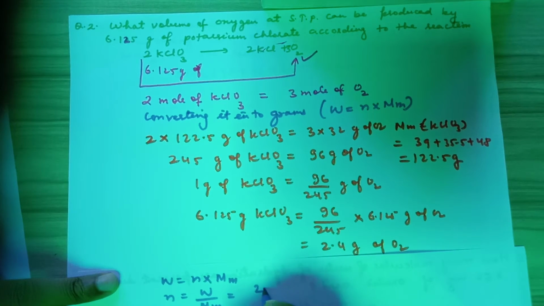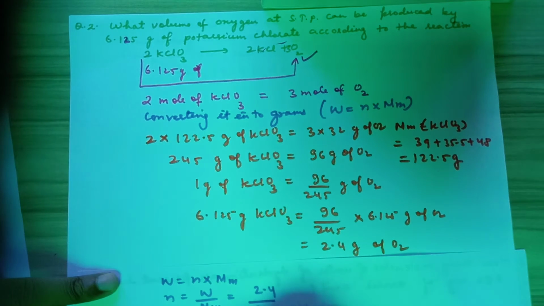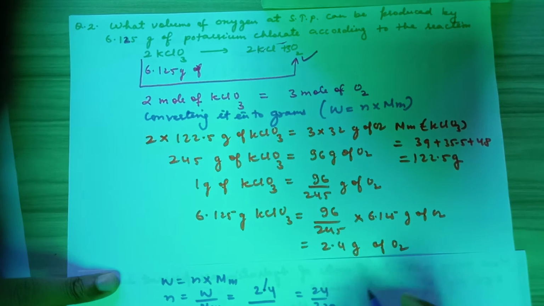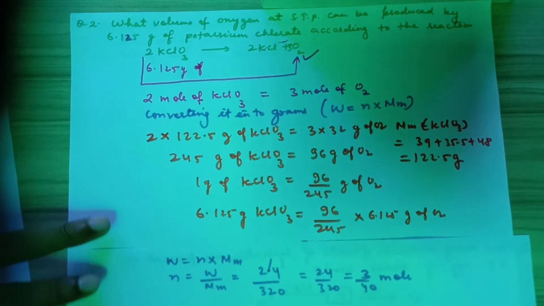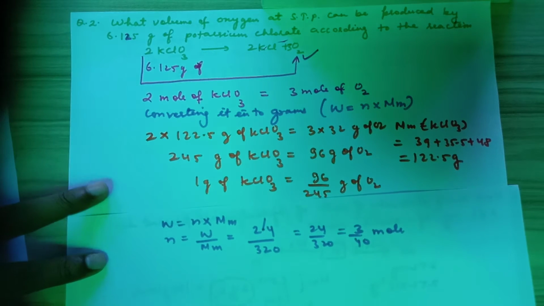It will be 2.4 gram, and O2 is 32, so 32 cancelling decimal, it will be 24 by 320, so it will be 3 by 40 mole.